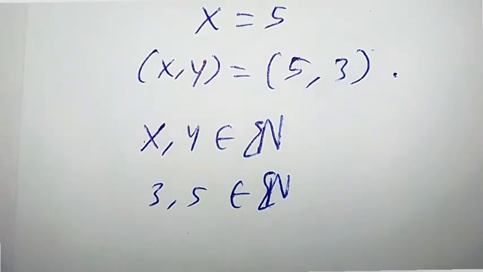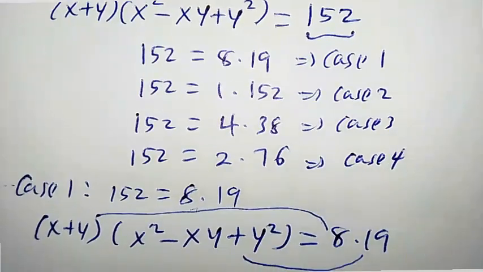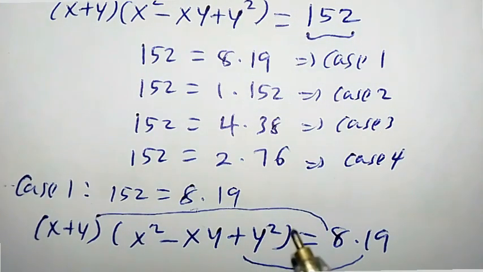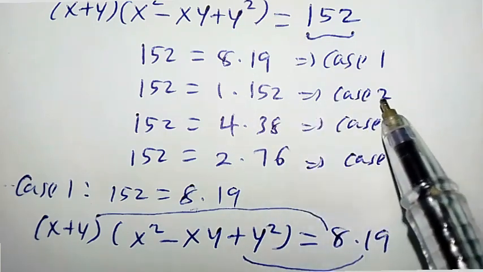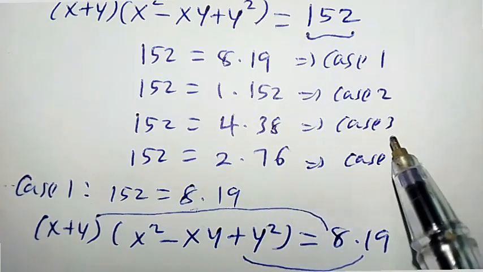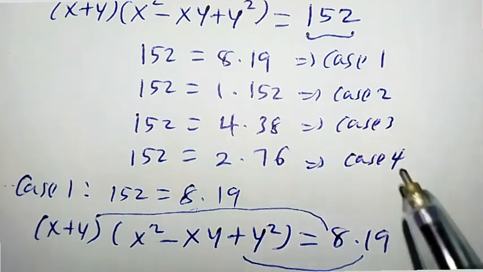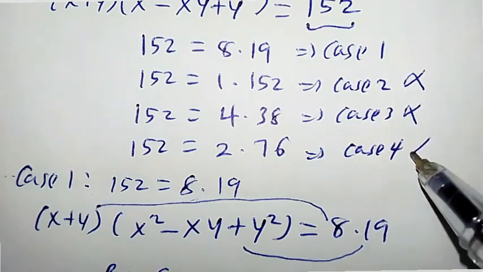But for the other cases, that is for case 2, case 3, and case 4, if you try to solve it, you will observe that there is no positive integer solution for case 2, case 3, and case 4. That is, they do not belong to the set of natural numbers. That means we have to ignore case 2, case 3, and case 4.